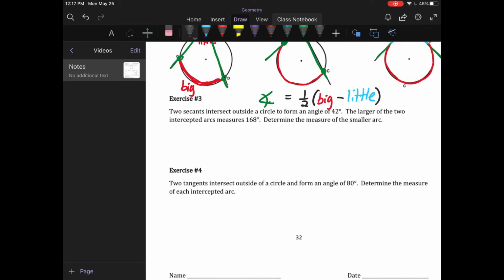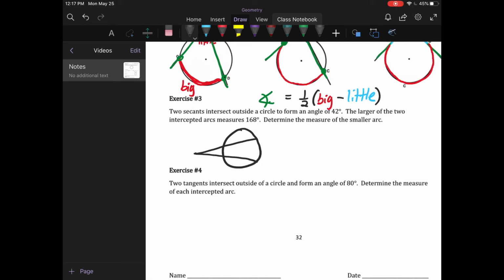So we're going to start by drawing the picture. It says that we have 2 secants intersecting outside of a circle. So that means we have a circle and we have 2 secant lines. Secants are going to go through the circle twice. So we're going to have something that looks like this.